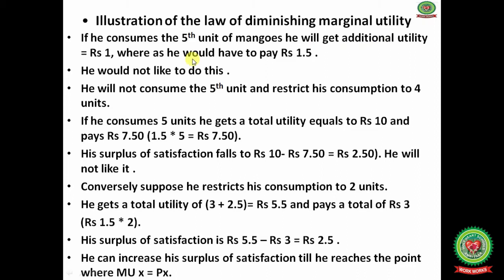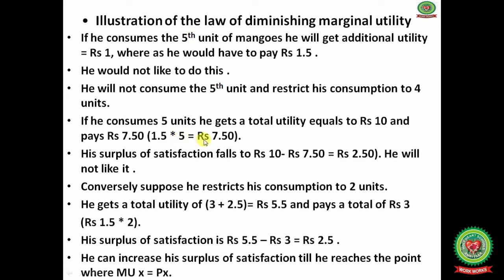Next one is, if he consumes the 5th unit of mangoes, he will get the additional utility of rupee 1, whereas he would have to pay rupees 1.5. He would not like to do this. He will not consume the 5th unit and restrict his consumption to 4 units.